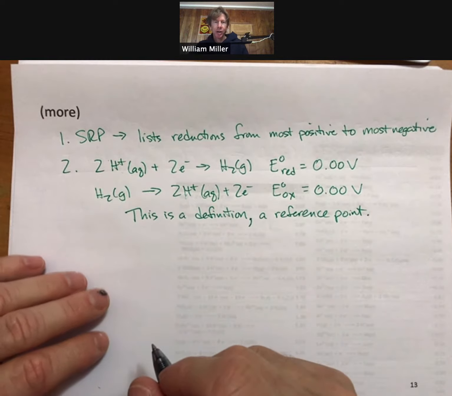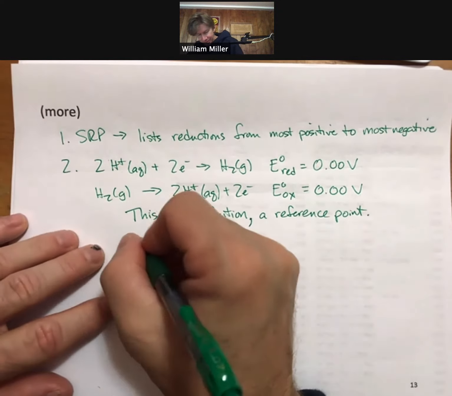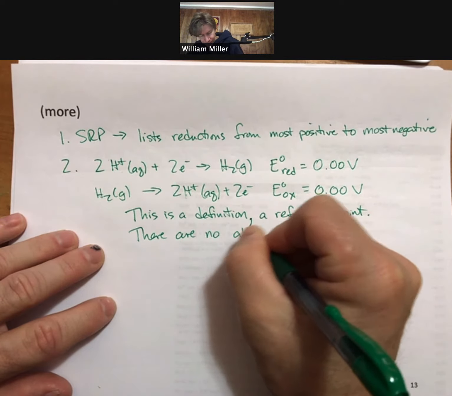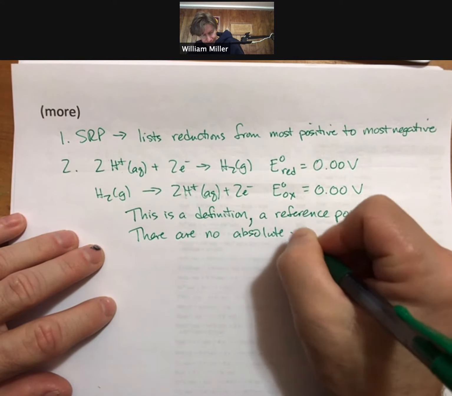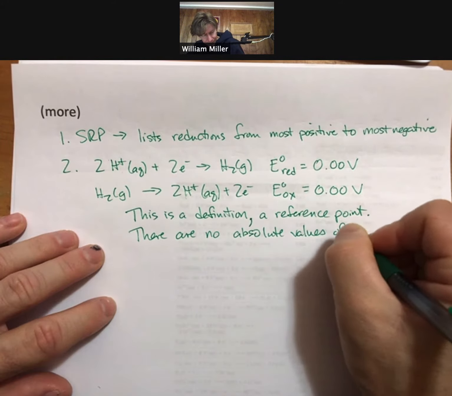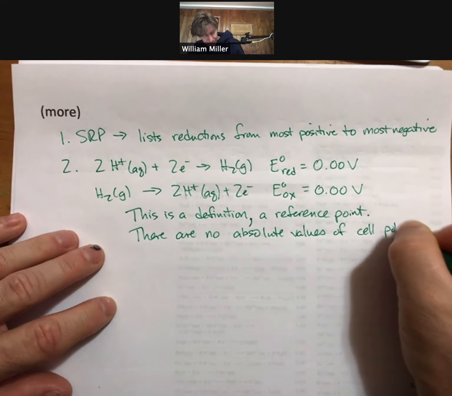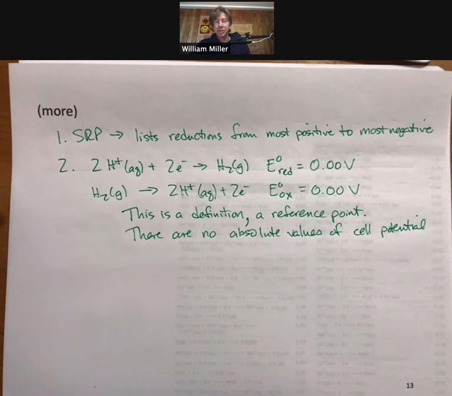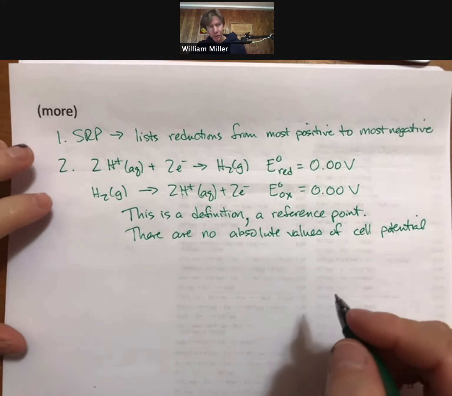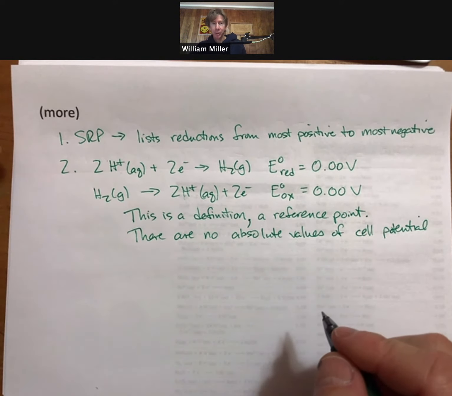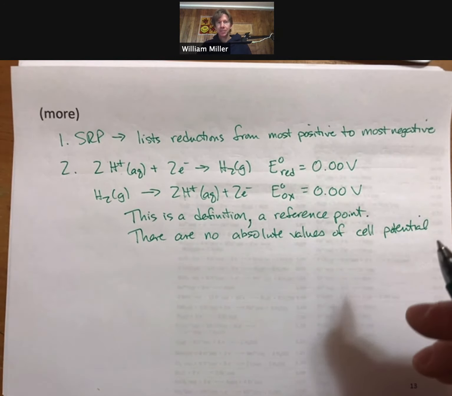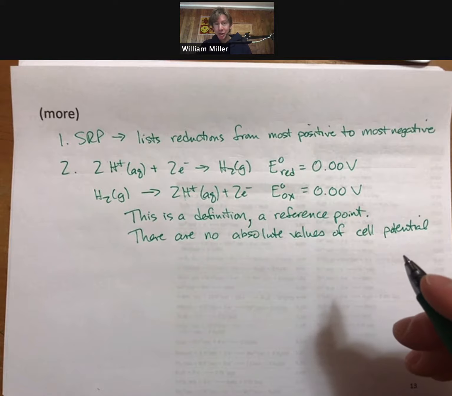Because there are no absolute values of cell potential. Because cell potential is like a height. So whenever you use a voltmeter, or you're comparing voltages for different half reactions, you are comparing changes in potential.